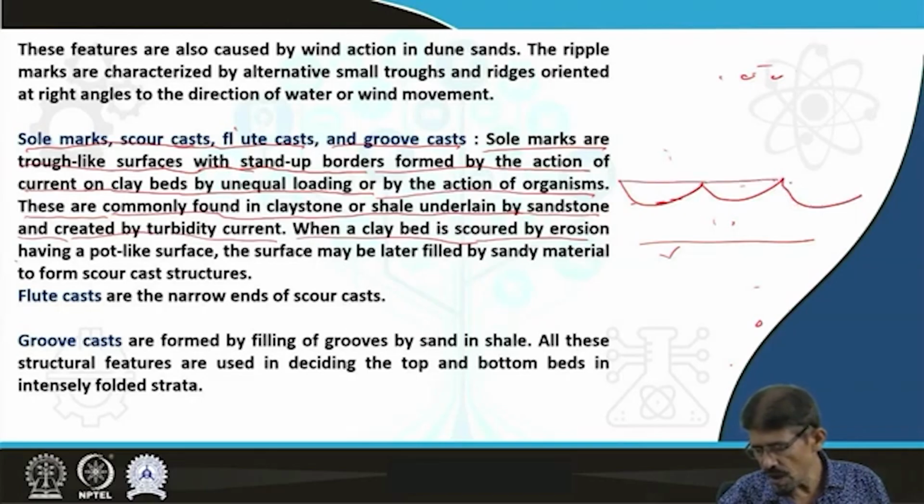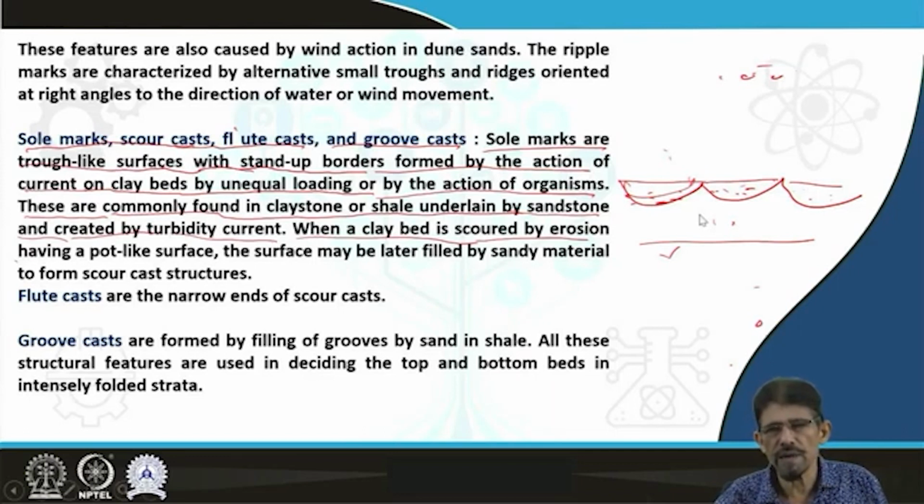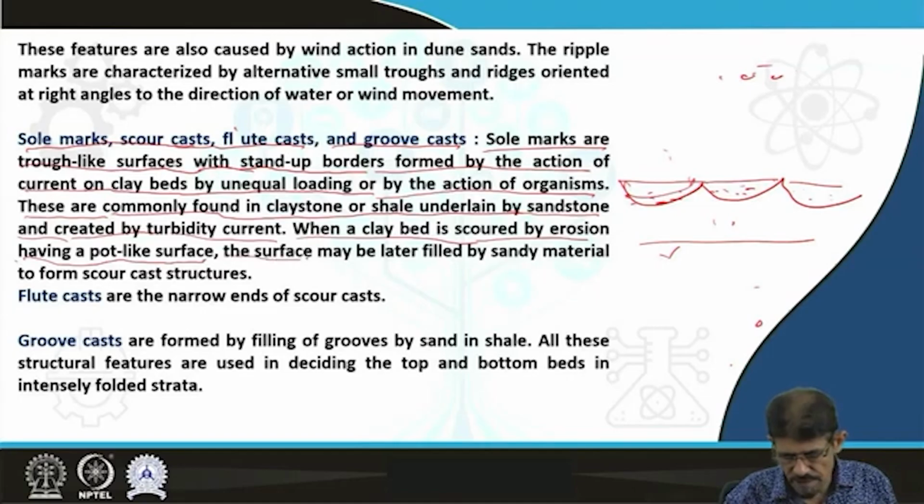These are later filled by material, and if we open this, it is recognized as a cast, otherwise it is the original depressions. Such features we generally recognize in mechanical rocks, particularly dominated by clay and silt and overlain by sands. Having a pot-like surface, the surface may later be filled by sandy material to form a scour cast structure.